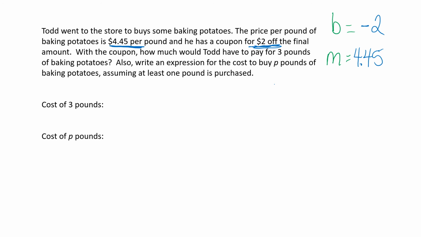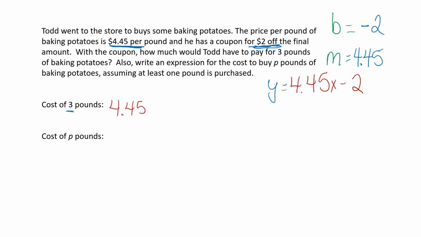So if I'm trying to figure out how much it's going to cost him for 3 pounds of those baking potatoes, I want to substitute the 3 in. So my equation is y equals 4.45x minus 2. I need to take my 3 and substitute it in for the x.